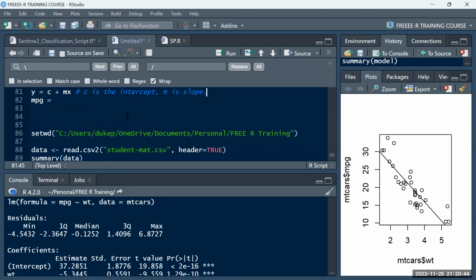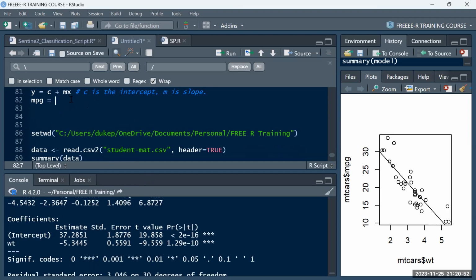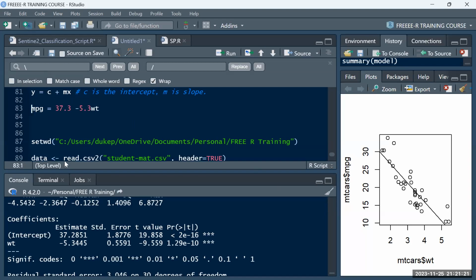As far as what we're working on here is concerned, MPG is our Y, and C is the intercept, which is 37.3. Plus what is our M? Our M is our slope. It's not going to be plus this time around. It's going to be minus 5.3. And then what will be your X? Your X will be your weight. So this is the equation that we try to generate from our linear regression.